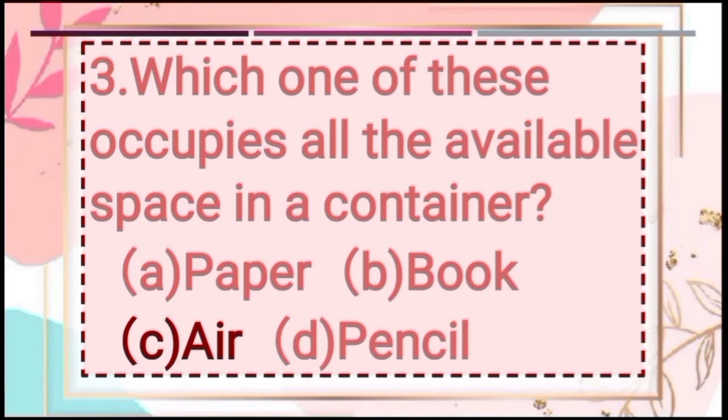Here option A, B and D are examples of solids. But option C, air, is an example of gas, because gases are substances in which the particles are very loosely packed and they too have no fixed shape. And unlike liquids, they also occupy all the available space in a container.